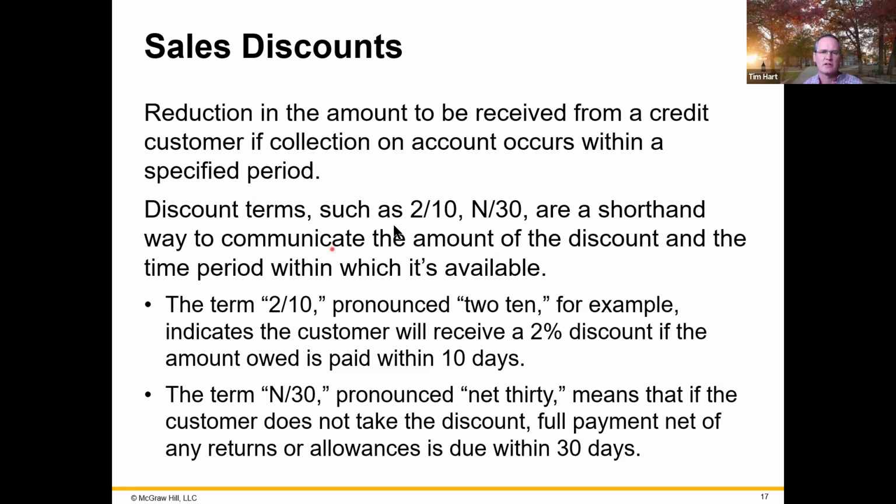They're written in this term 2/10, n/30, which means 2/10 is if you pay within 10 days, we'll give you a 2% discount. N/30 is pronounced net 30. If you pay between day 11 and 30, or on day 30, it'll be the full sales price. So the only discount is within 10 days.